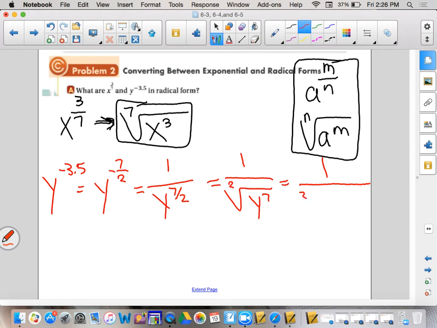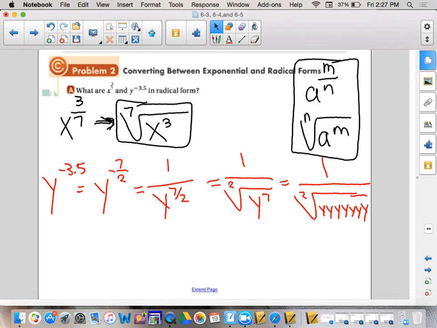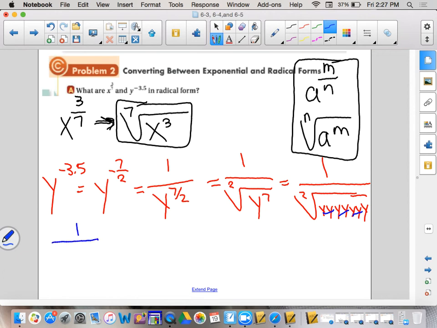If I were to rewrite it and look like this, can it be reduced? Yes. Pair them up. That's 2, and that's 2. So I'm looking at 1 over y cubed square root of y. Is that right? Because that's a y, that's a y, and that's a y. So that becomes y cubed. And that's what I got left over, so it stays in there.